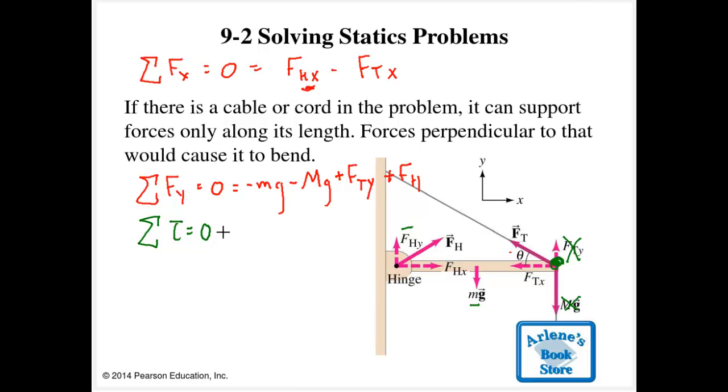So to write these torques, I'll start with the force of the hinge that is going in the clockwise direction, so I'm going to call that negative: force of the hinge multiplied by the length of the hinge. And then in the counterclockwise, or positive, direction, we're going to have mass times gravity multiplied by the length of the hinge divided by 2.